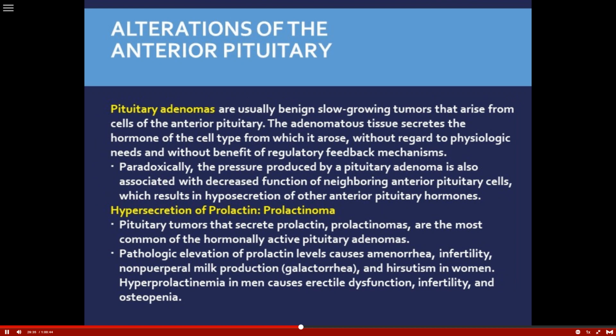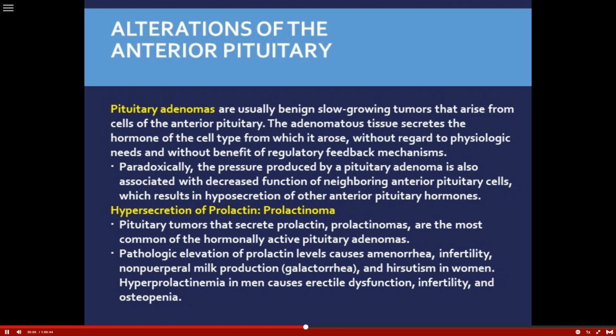So we know with the anterior pituitary, there are some pretty big important players that the anterior pituitary is responsible for. So, first of all, ACTH, right? That hormone that is secreted by the anterior pituitary is very important for the secretion of cortisol.